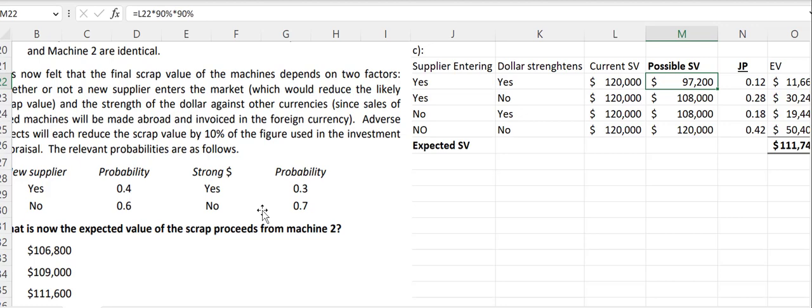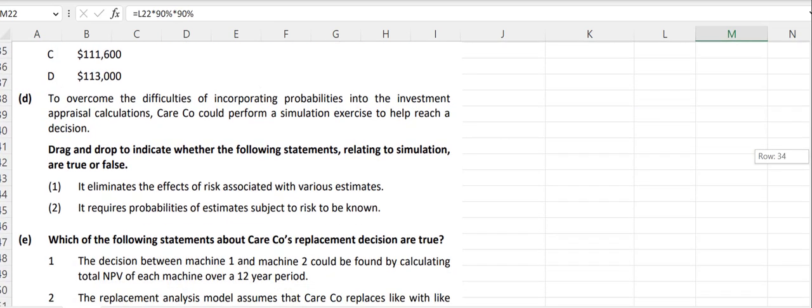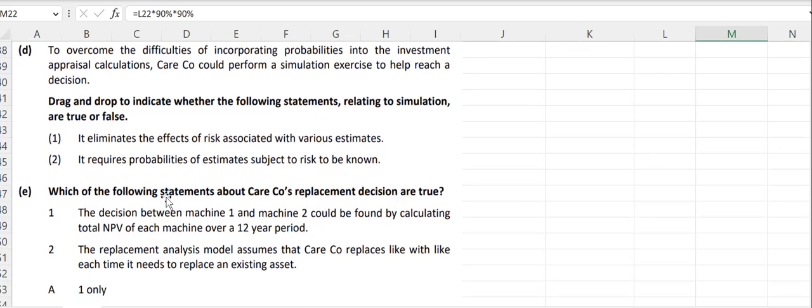So maybe we avoid buying machine 2, but we cannot stop anyone from entering the market by simply using the simulation model. So a simulation model cannot stop any possible outcome from occurring, but it will help us take a decision by projecting the possible outcome. So it's a false one.